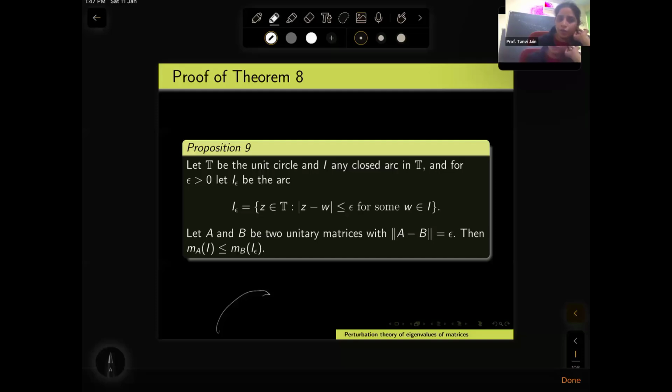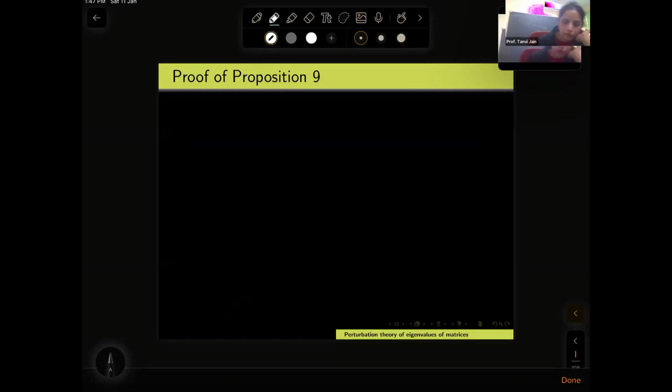So the number of eigenvalues of A in I, counting multiplicities, is less than or equal to the number of eigenvalues of B contained in I epsilon. How do we do that?